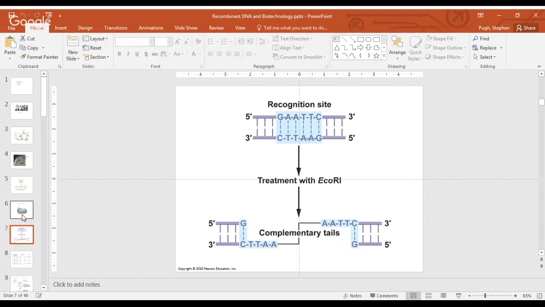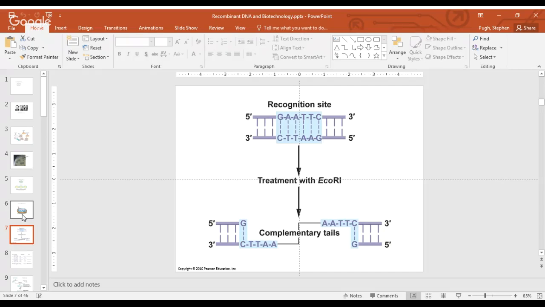In this case, the sequence is GAATTC. And this sequence has an interesting characteristic in that it's a palindrome. A palindrome is any sequence that can be read the same way backwards and forwards. So if you look on the upper strand of DNA at the recognition site, you see the sequence GAATTC, and in the lower strand you see the same sequence, GAATTC, both read in the 5' to 3' direction.